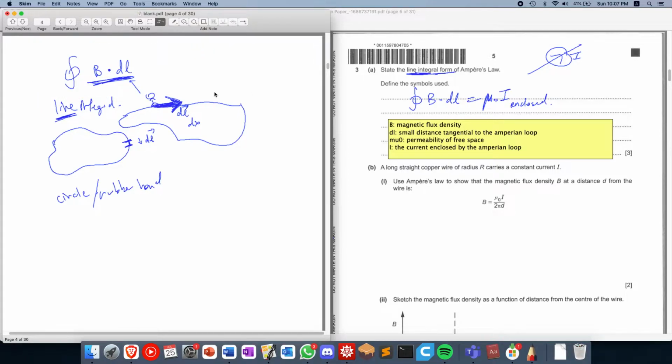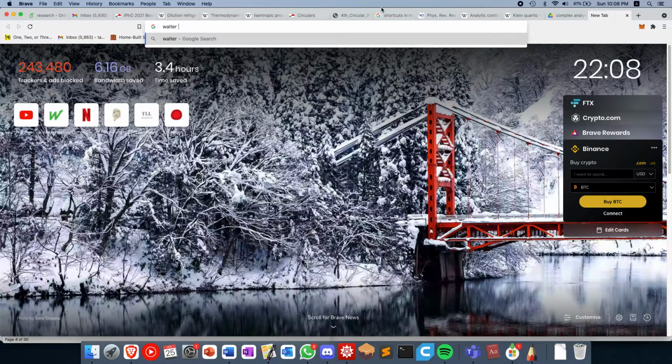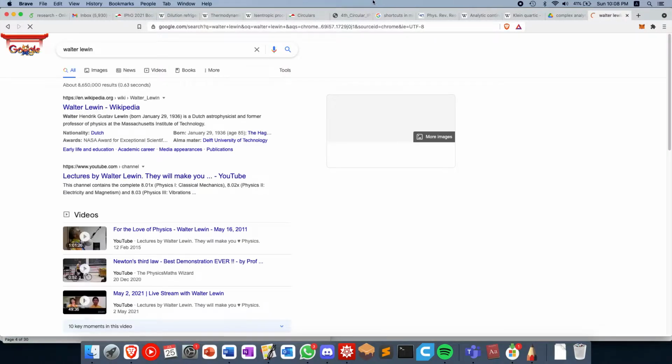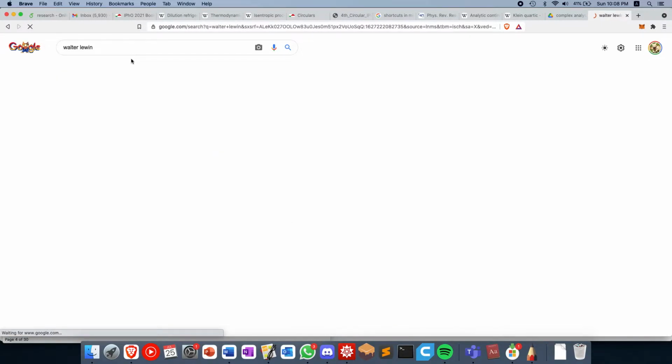And so what does this value equal? Ampere's law says that this value is always going to be equal to mu naught I, where I is the current that's penetrating through this loop. So what does this look like? Walter Lewin has this wonderful video.